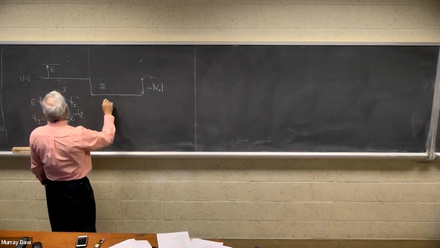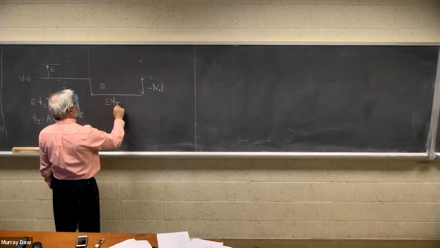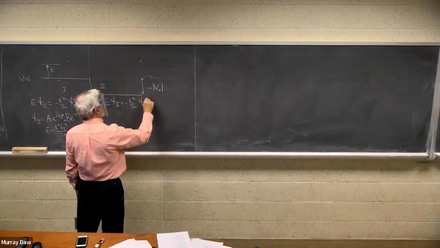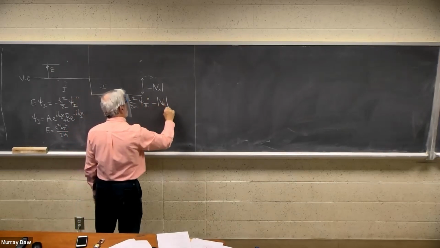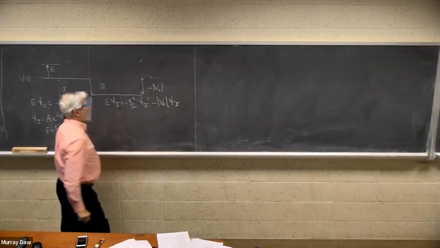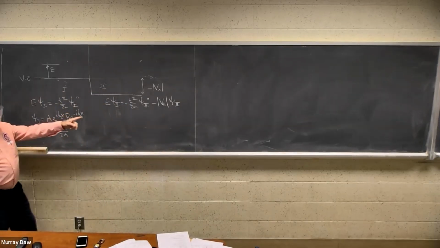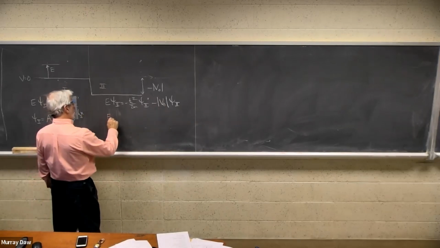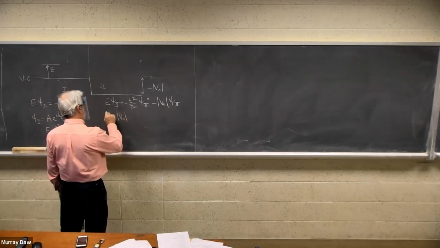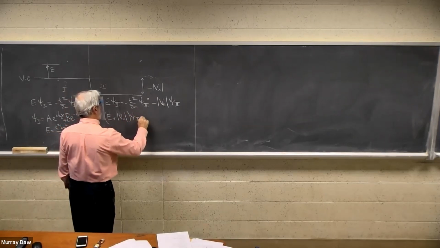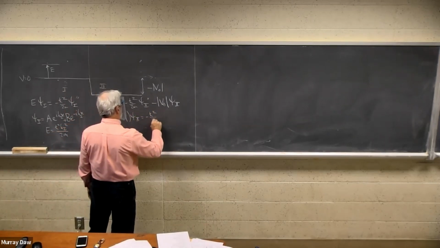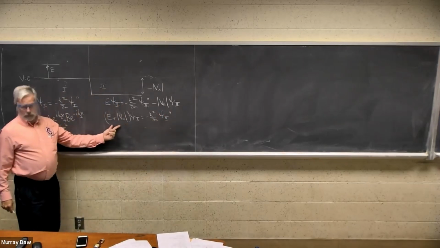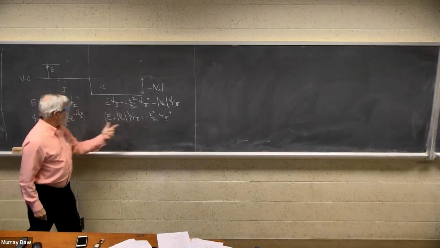Okay, now in this region, what's it going to look like? I'll write it that way to absolutely indicate this is a negative number here. So if we bring this over onto the right-hand side, this is positive, this is negative, just like over here.